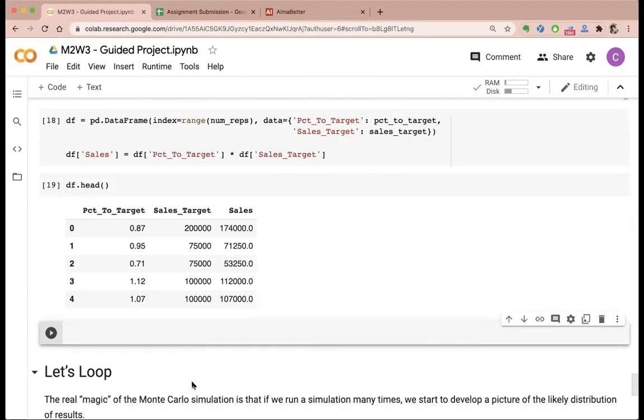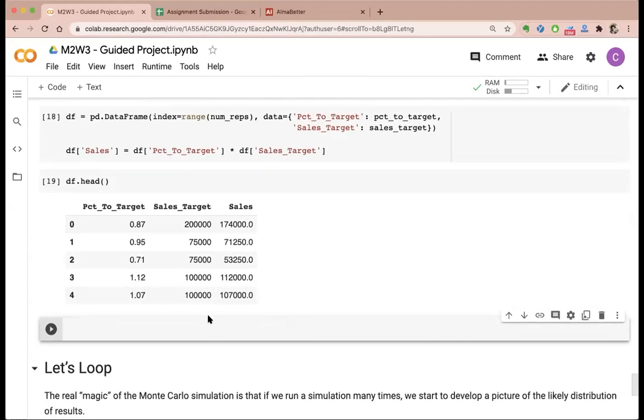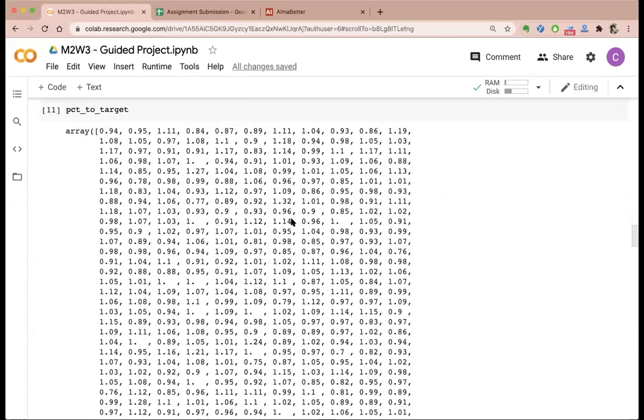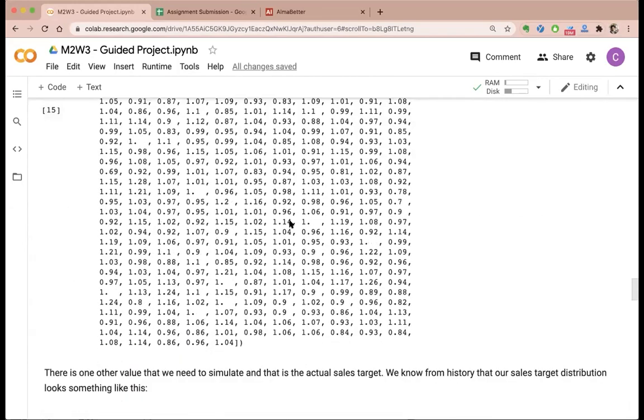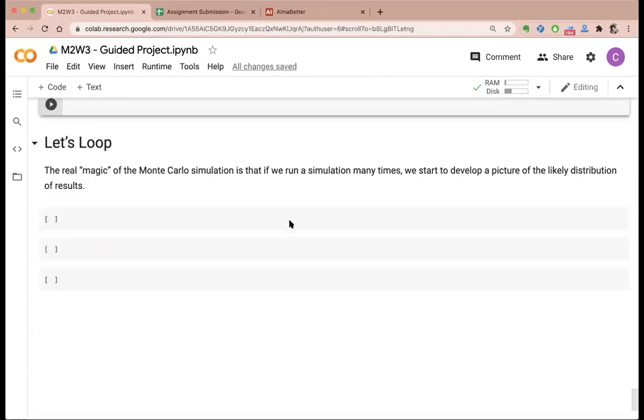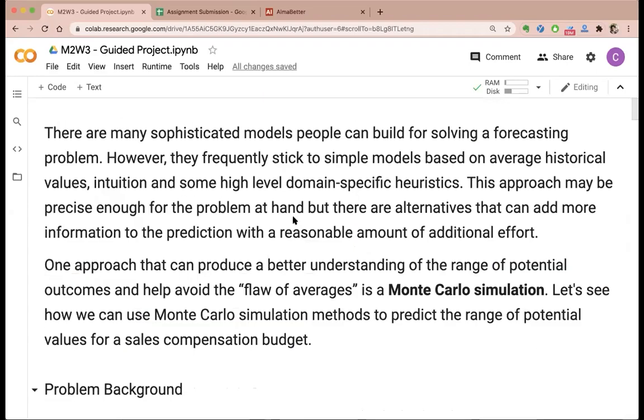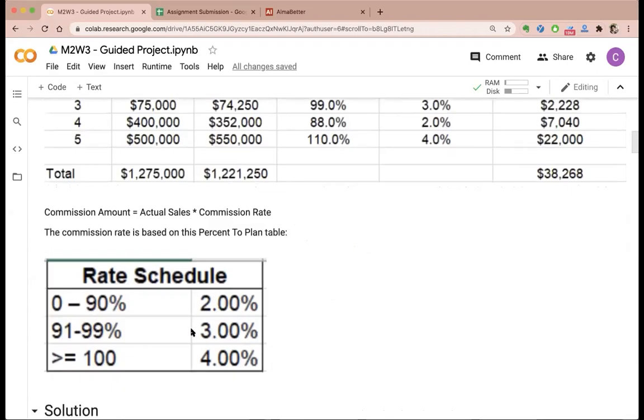So can you quickly write a function which will calculate the commission rate based on the percentage to target? Just write an if else based function for this chart. This is the rate schedule, so for percentage to targets, you will get a commission rate.